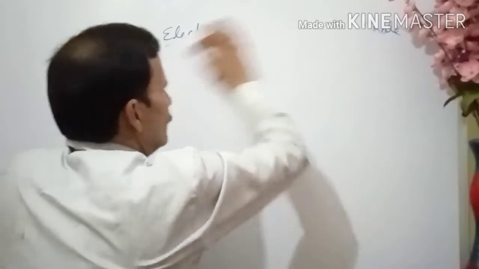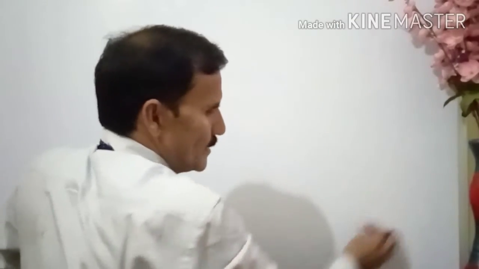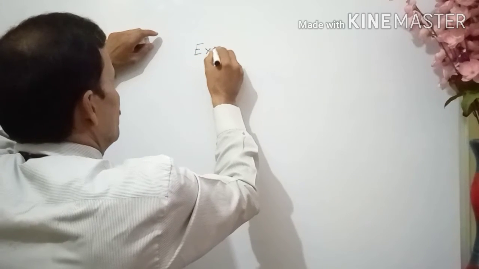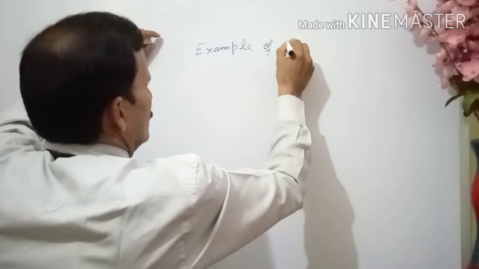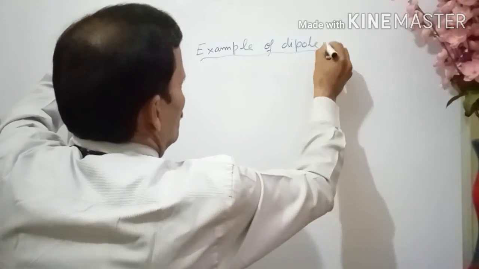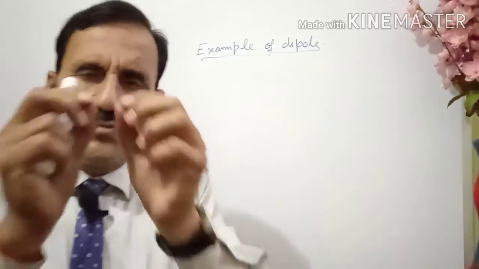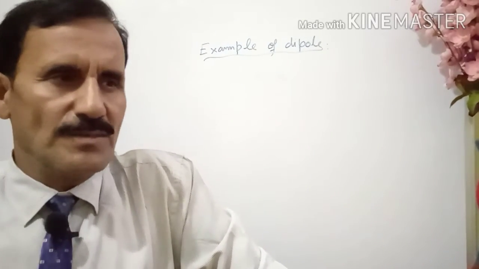Now, what are the examples of dipole? Why are we reading this? So, examples of dipole. Dipoles occur in molecules, where the molecular distances are very small.